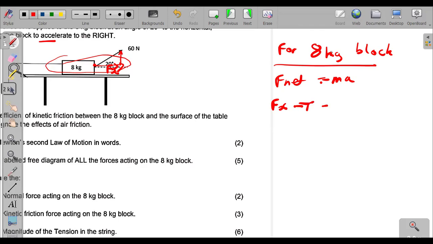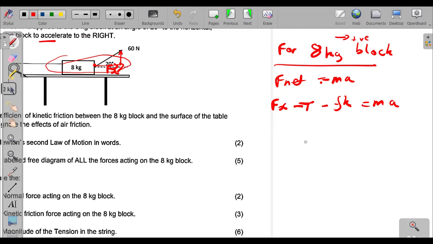So taking right as positive in this circumstance, it means Fx minus T minus Fk is equal to Ma. These are the forces that are acting to the left, tension and Fk. And also our acceleration is to the right, because we were told that the acceleration is going to the right.